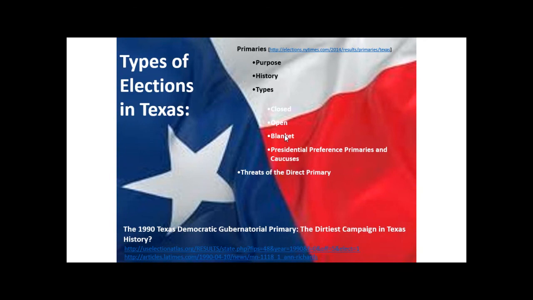And then a blanket primary, did they give you that one in the textbook? You remember reading about a blanket primary? There's only been a few states historically that have had it, and I think today there may only be one or maybe two. I think California and Oregon might have kind of a variation of the blanket primary. The basic idea of a blanket primary, it's an independent voter's dream come true, because the voter can go in one voting exercise and they can vote for Democratic candidates and Republican Party candidates.